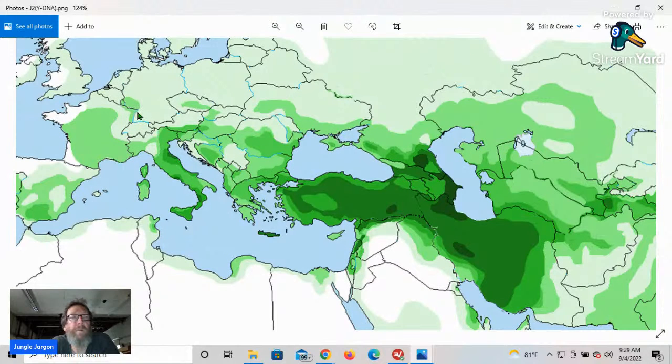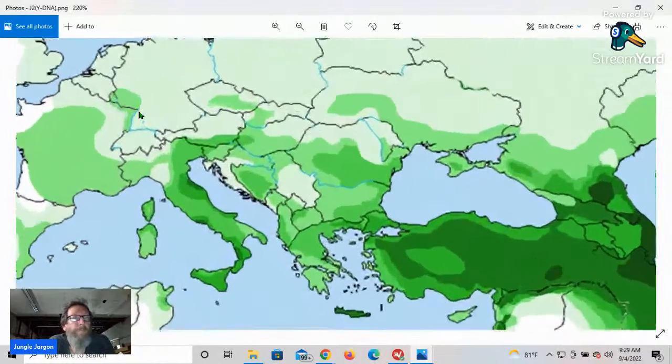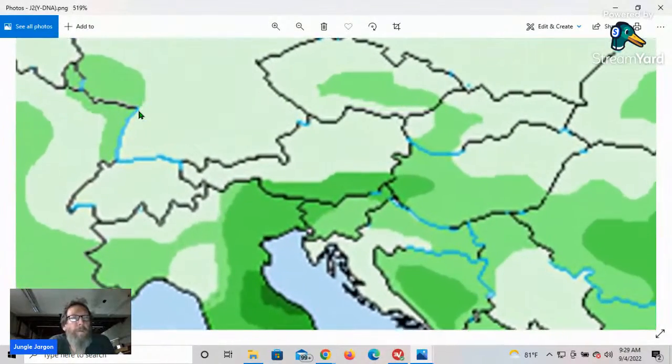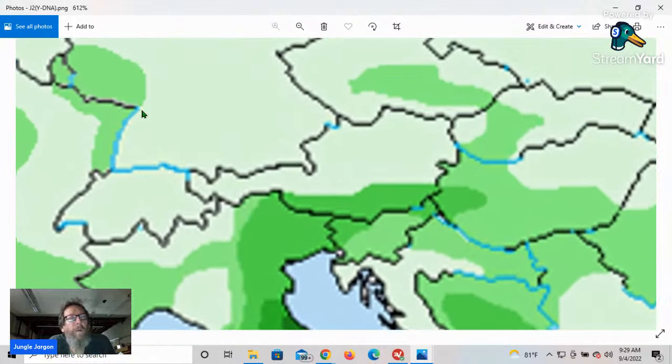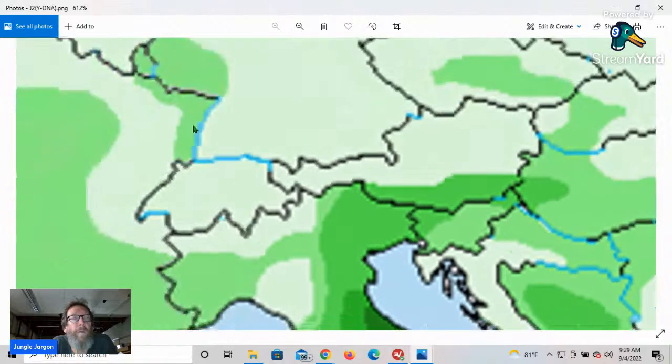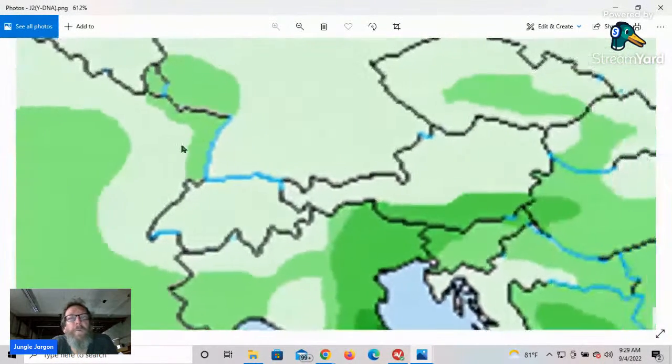This is the Rhine River right here. I lived right here as well, right there. See this corner right there of the Rhine River? I lived for 2 years on this corner. I could walk across from Germany into France. This is France.